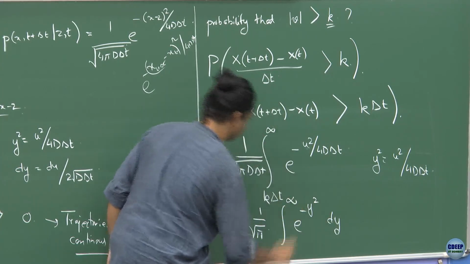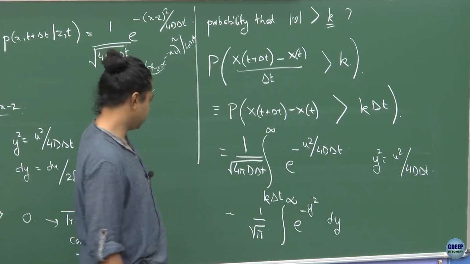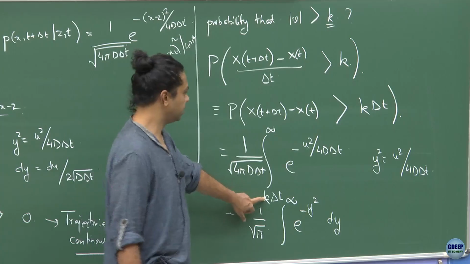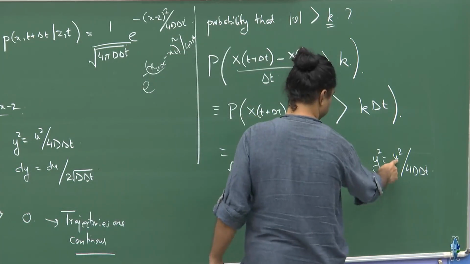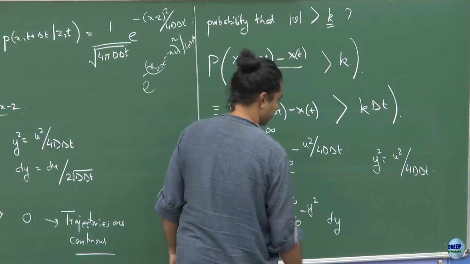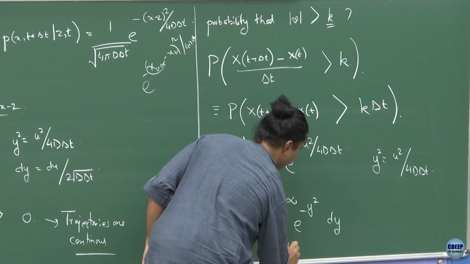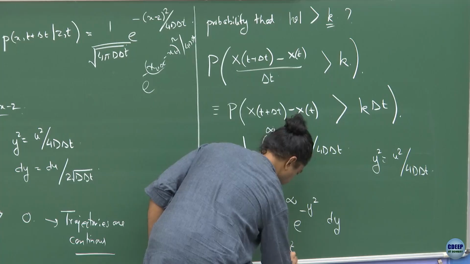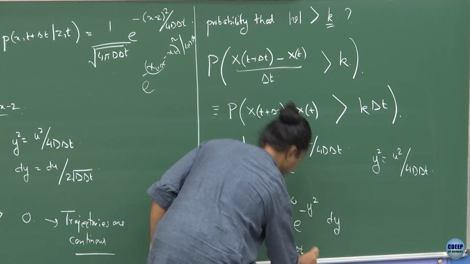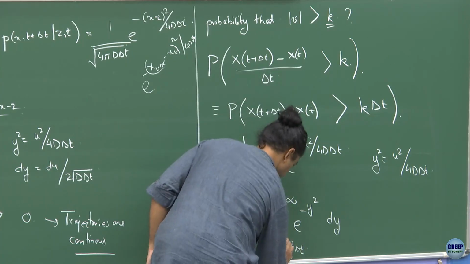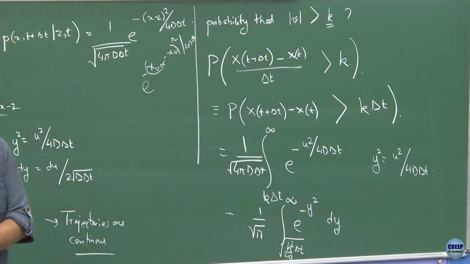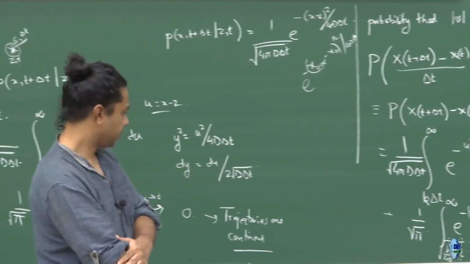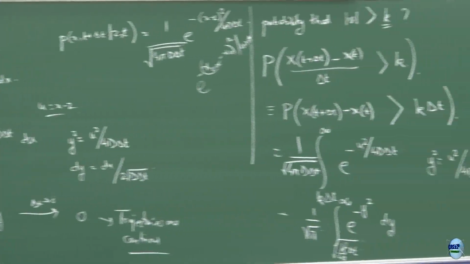exactly the same as before, except my limit now. My u was k Δt earlier, because that is my difference. So this is k square by 4D times Δt, square root, right? Is that correct?